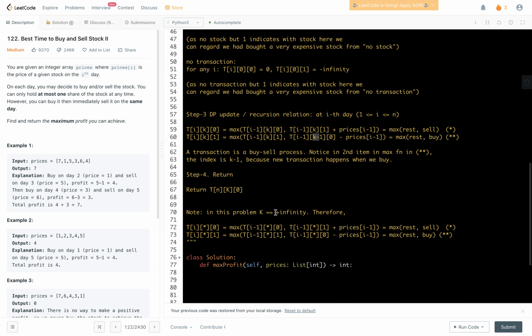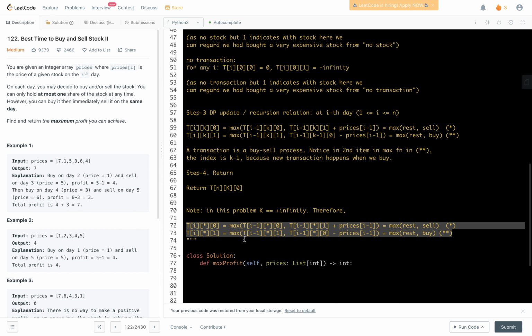So this corresponds to K equals positive infinity. Then if we choose K to be infinity, K and K-1 are the same. So in the two equations above, if we replace K and K-1 by star, the relation becomes the two relations here.